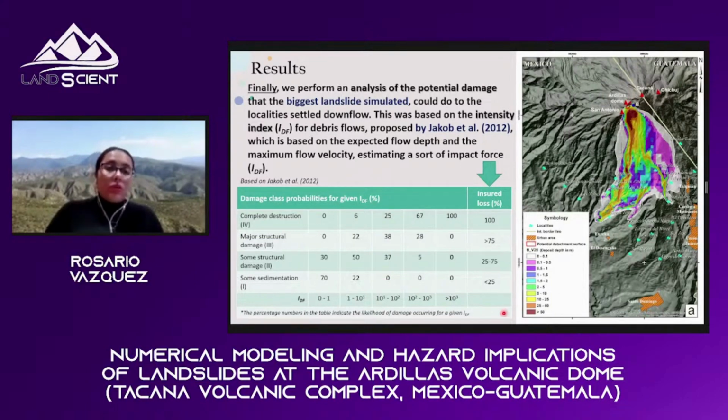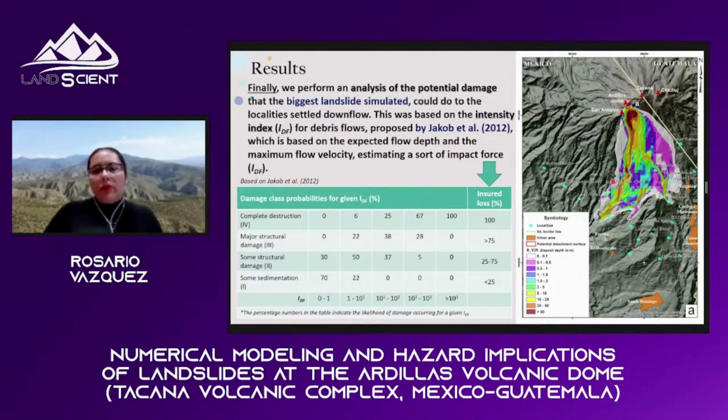So we use this model using the values that we obtain from our simulation, from this worst case simulation, where we can see that impacted at least 8 villages.